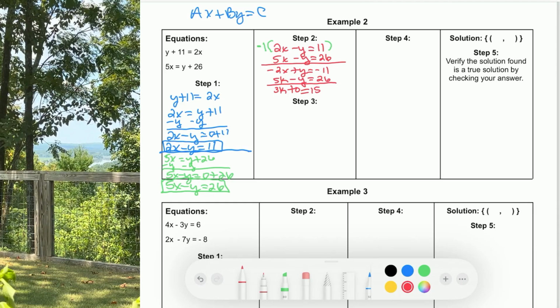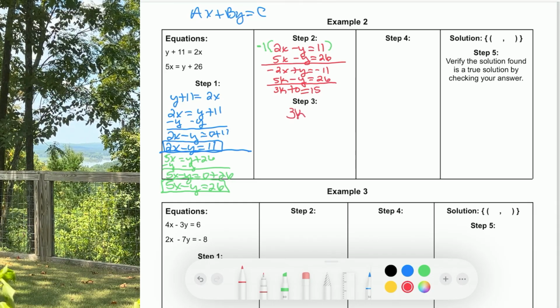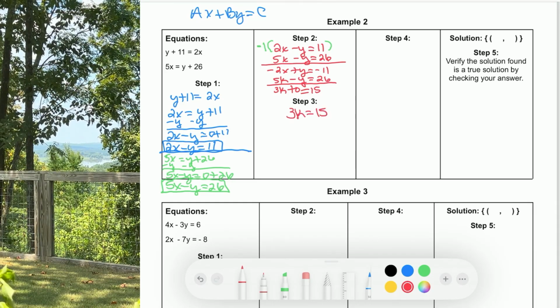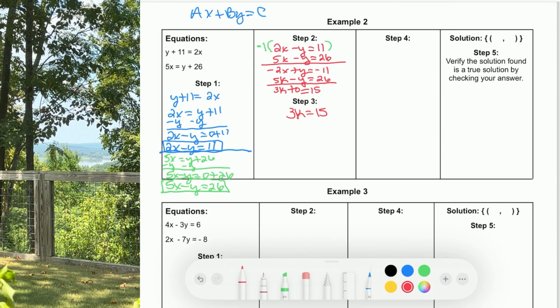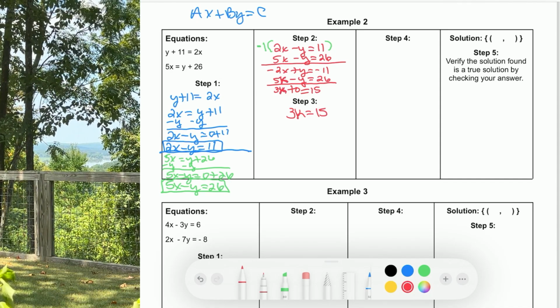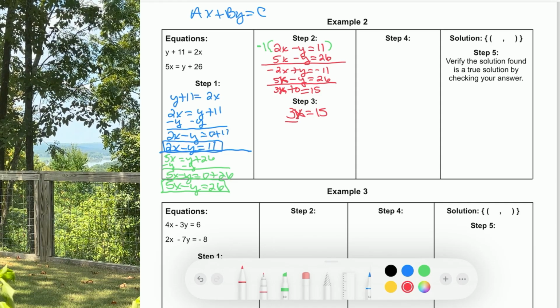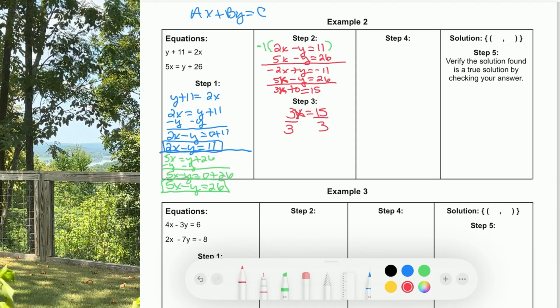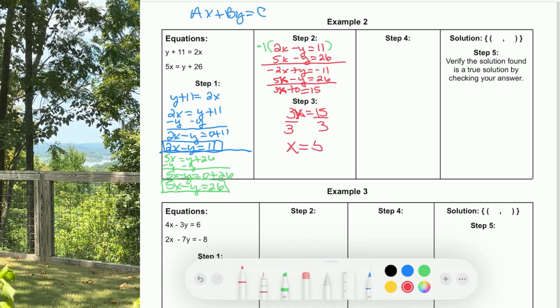Okay. Step 3 says take what we just did and find the value of x. I'm writing k's and it should be x's here. All right. Divide by 3 and we get x equals 5.